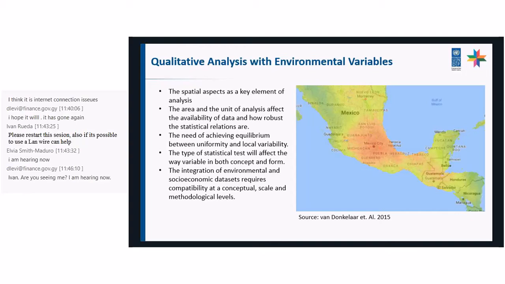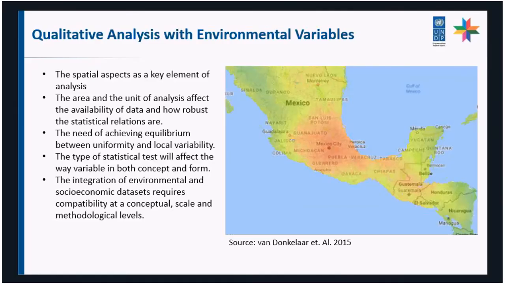So there's also an equilibrium that we need to find between the data that is actually available and the information that we need for the analysis that we want to make. Sometimes we have only national data, and that's not really useful for very local analysis. So this type of balance needs to be achieved, and obviously that's going to affect the availability of data.